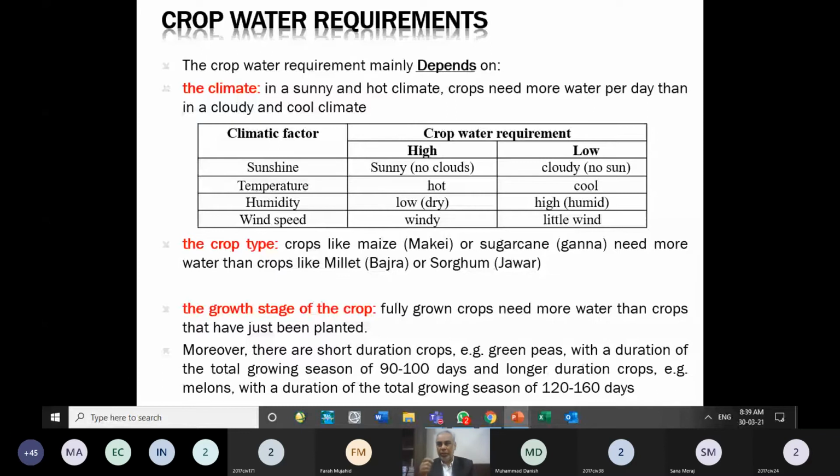So evaporation is dependent upon sunshine intensity and sunshine hours also, and the energy which is supplied for a unit area by the sun is constant in the upper atmosphere.